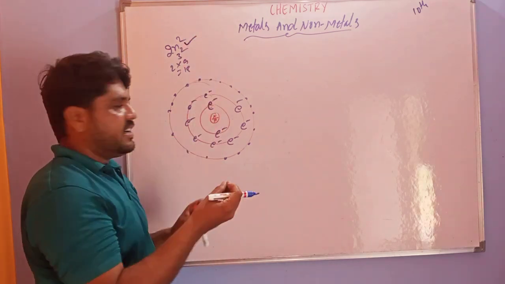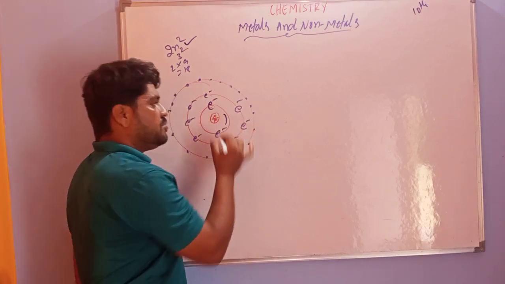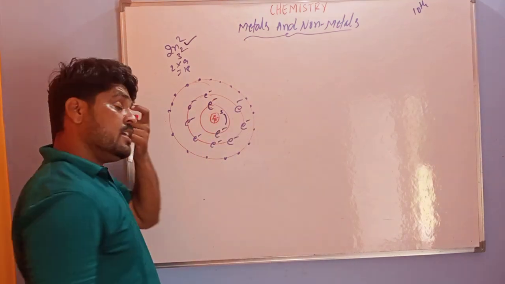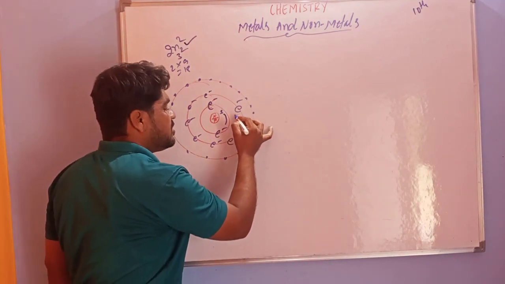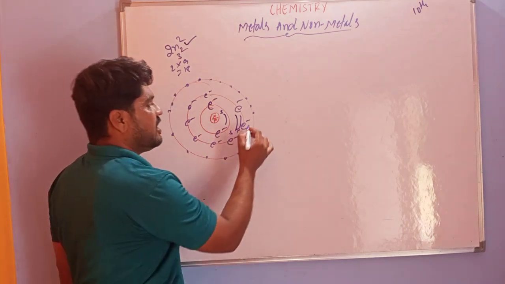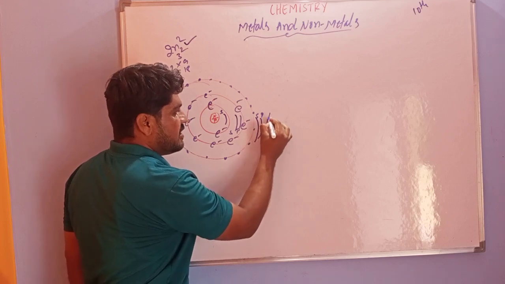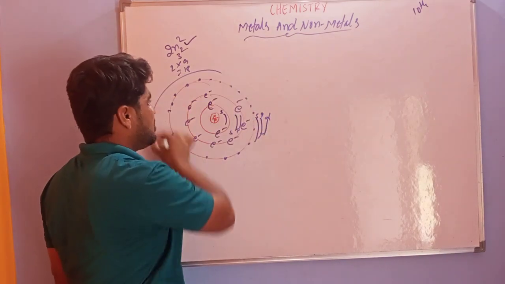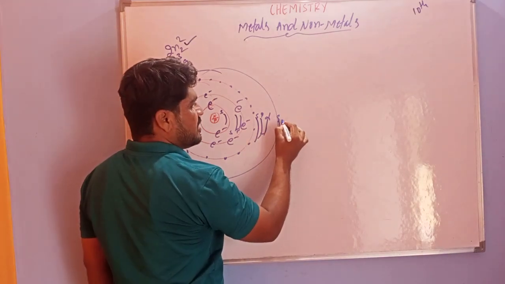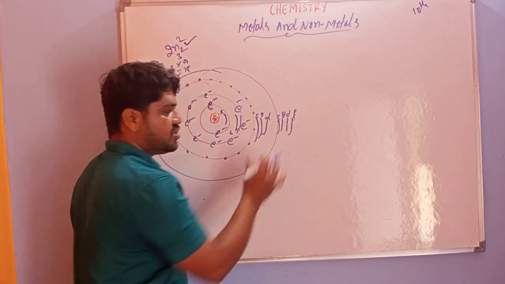And you know that in the first shell we have only one subshell, that is the S subshell. In the second shell we have 2 subshells, one is S, another one is P. In the third shell we have 3 subshells, S, P and D. And the fourth shell has S, P, D and F subshells.